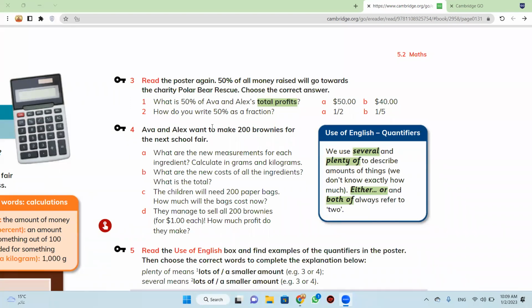What are the new measurements for each ingredient? Calculate in grams and kilograms. What are the new costs of all the ingredients? What is the total? The children will need 200 paper bags. How much will the bags cost now? They managed to sell all 200 brownies for $1 each. How much profit do they make?